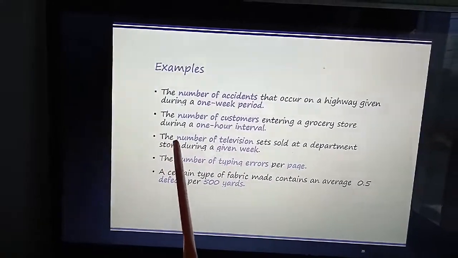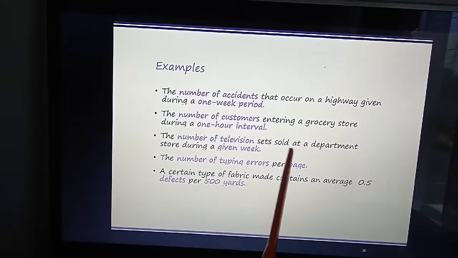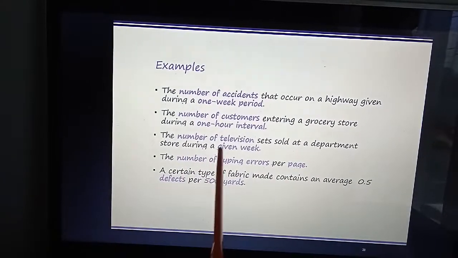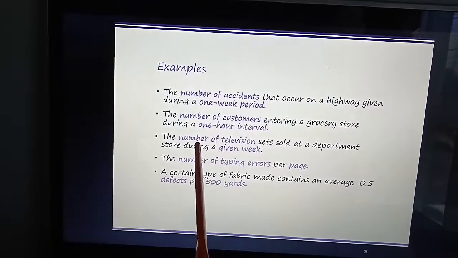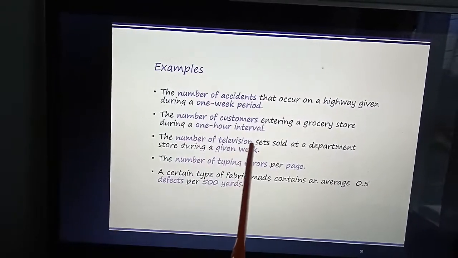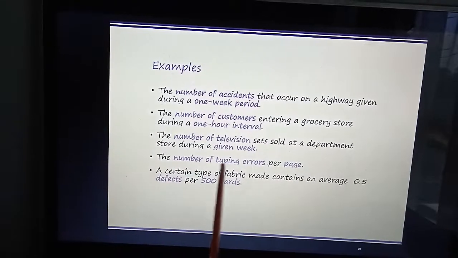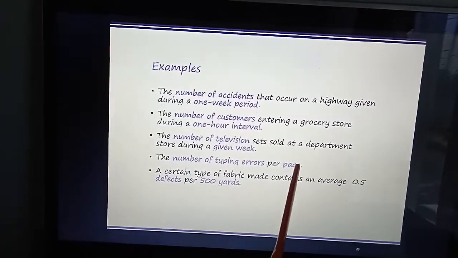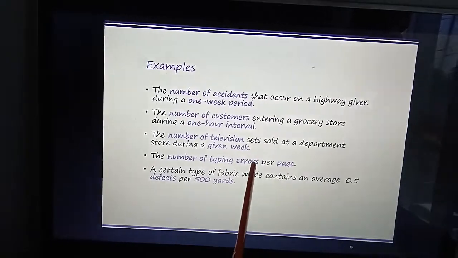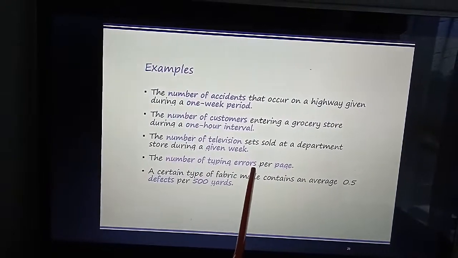Another example, the number of TV sets sold at a department store during a given week. A week is given as an interval, and the random variable is the number of television sets. The number of typing errors per page: page is the interval, and the number of typing errors is the random variable.